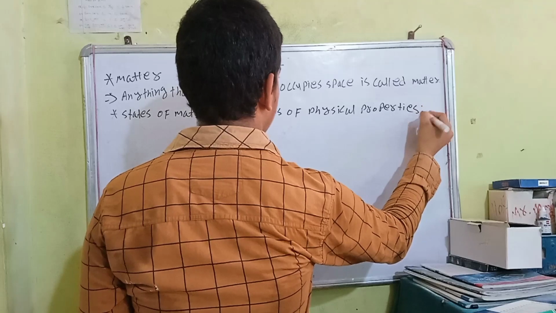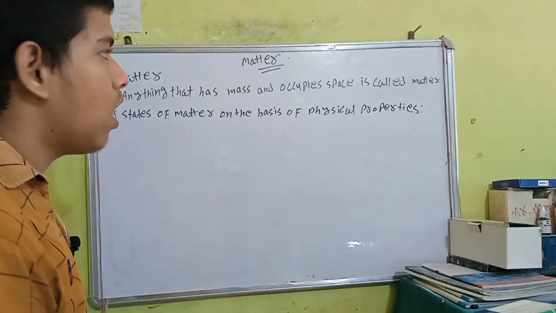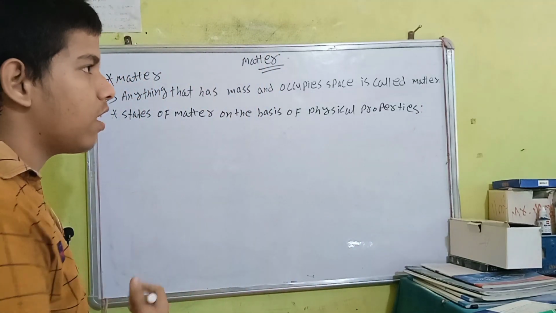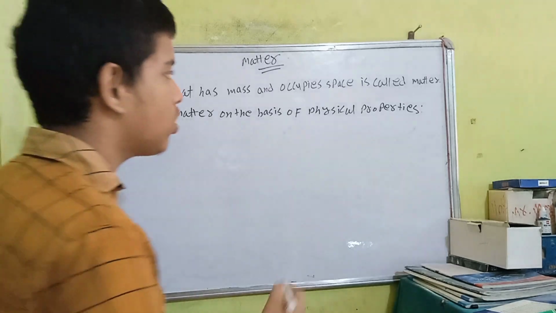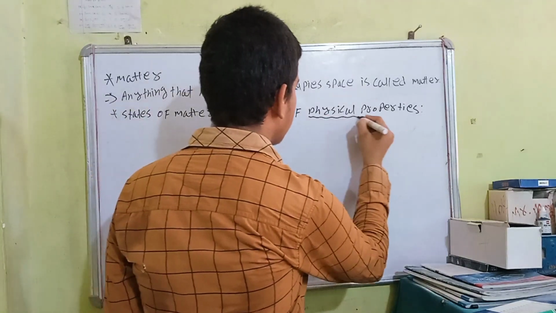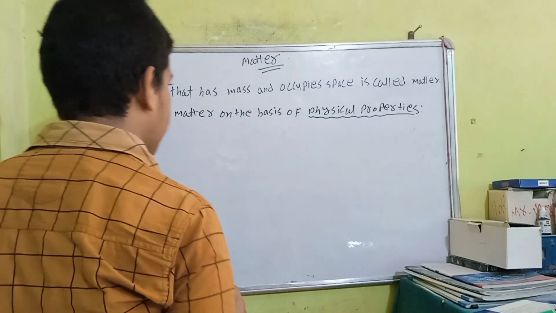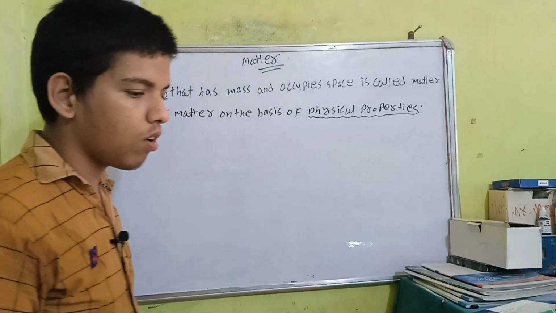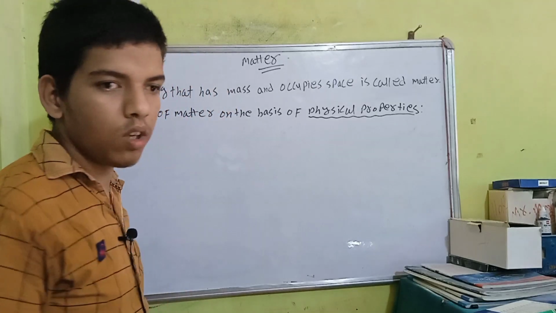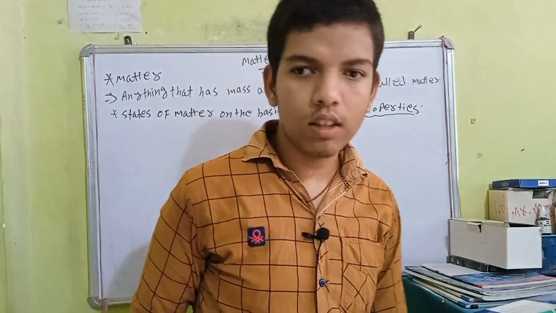So now let's look at the state of matter. How many states of matter are there? And the state of matter on the basis of what? Physical property, the physical property of the substance. So there are basically three states of matter: solid, liquid, and gas, right?